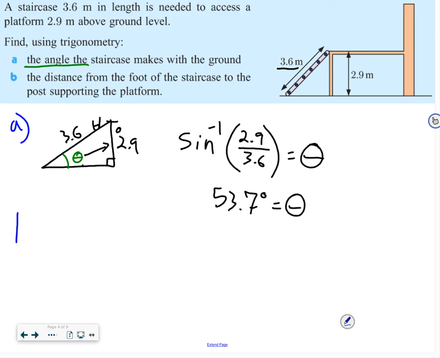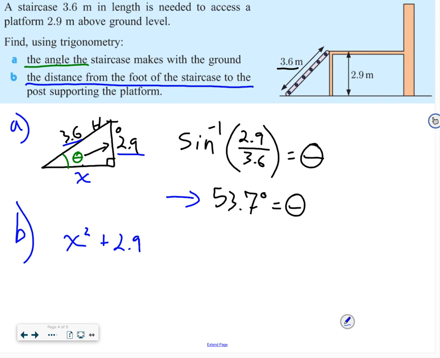Part B, I'm going to use the same diagram. I want to find the distance from the foot of the staircase to the post supporting the platform, which is right here. Now that I have an angle, I could use trigonometry, but in case I made a mistake, I always like to use the given information. Since I have a right triangle and I'm given this length and this length, I can use the Pythagorean theorem. I get x squared plus 2.9 squared equals my hypotenuse squared.